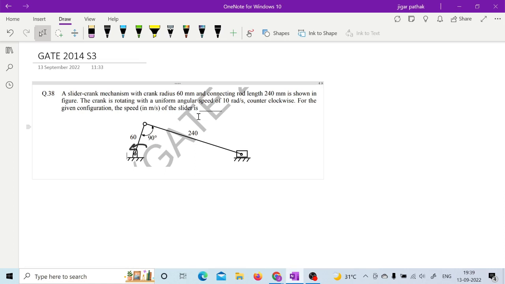So can you try and type in your answer in the chat box?